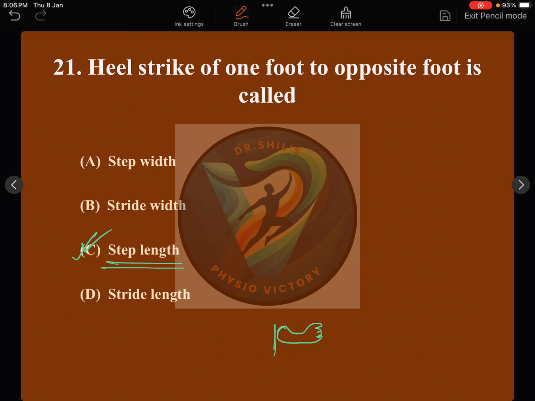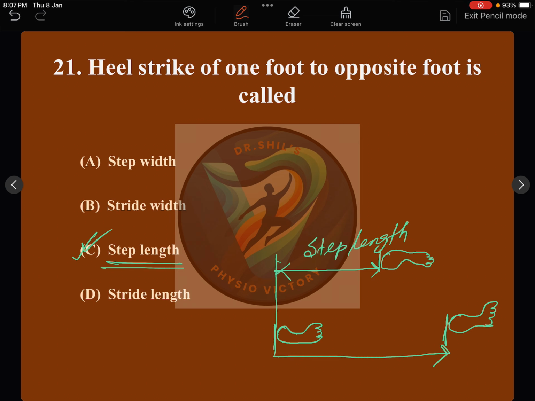Heel strike of one foot to heel strike of another foot, this distance is called step length, and heel strike of one foot to heel strike of the same foot is called stride length.